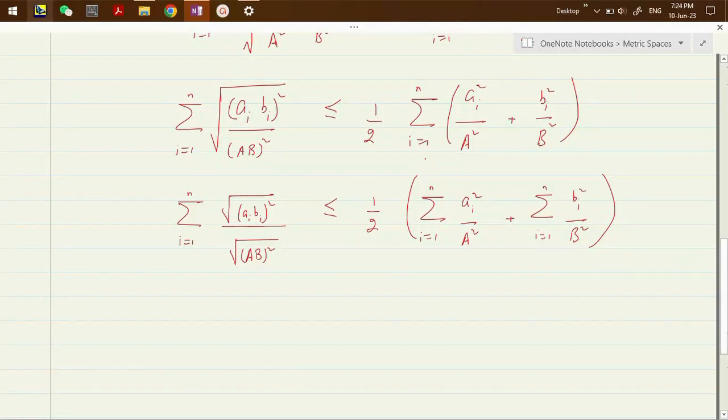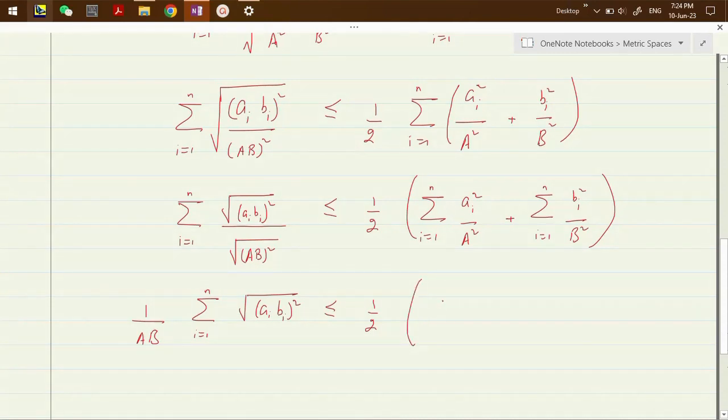The summation is separated over this term and this term, which is very simple. This term is independent of i, so we can take it out, and this is equal to 1 by ab summation i from 1 to n root of (ai bi) whole square, less than or equal to 1 by 2.